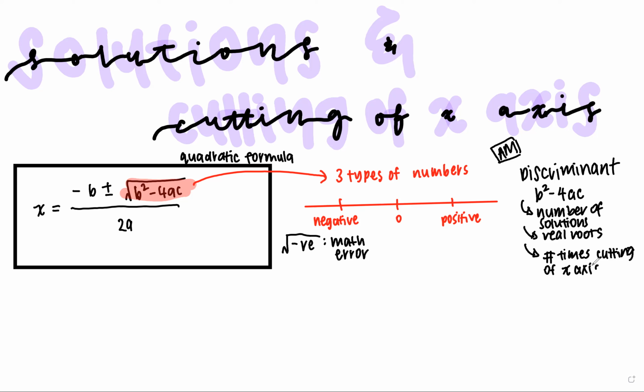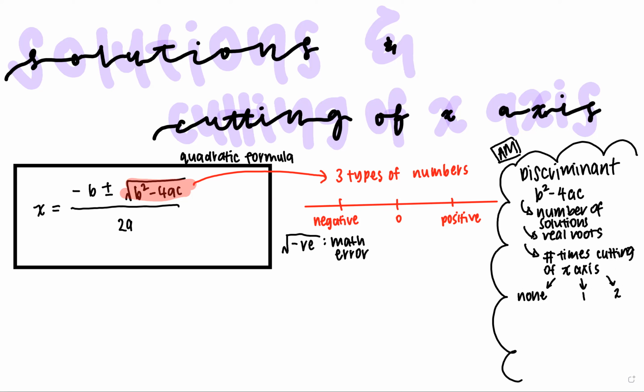So the x-axis can only cut in 3 types again. Either none, it does not cut at all, or it cuts at 1 time, or it cuts at 2 times. All right, so later we'll go more in depth in that for A math. So right now you guys can copy whatever that is on the screen.